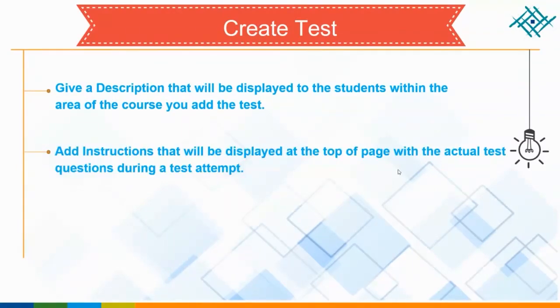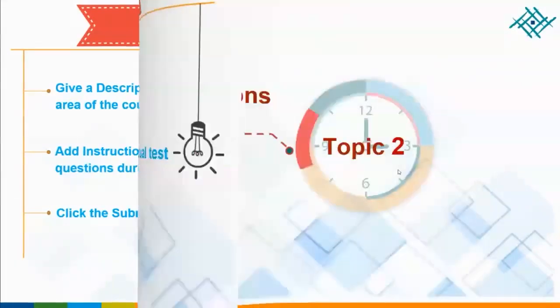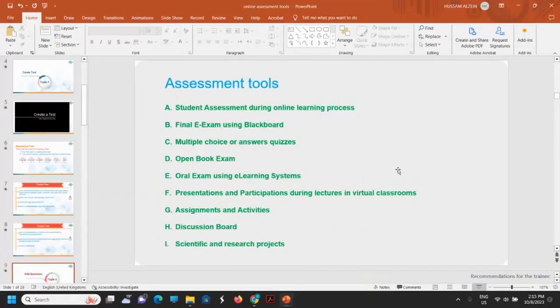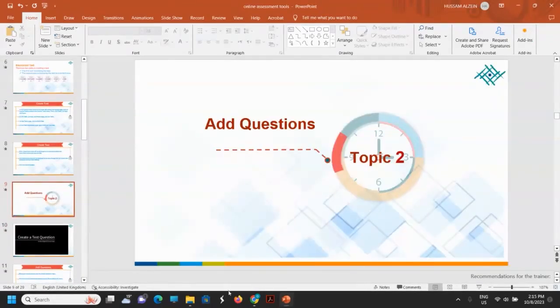You add also instructions that will be displayed at the top of page with actual test questions during a test attempt. Then at the end, you click on Submit. This is how to create a test, and we will practice now how to create a test using Blackboard.